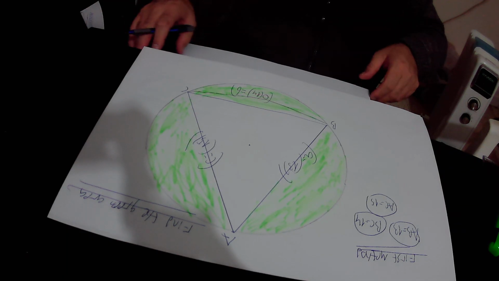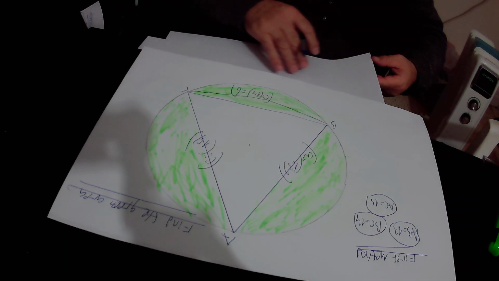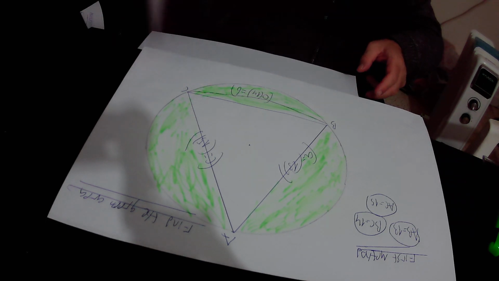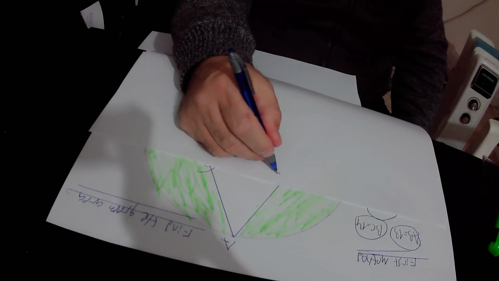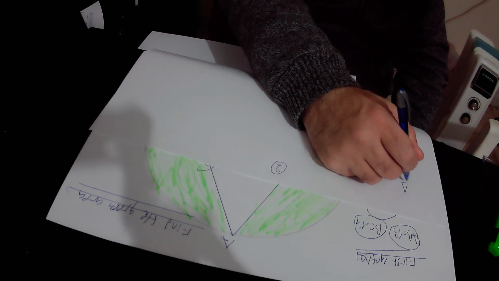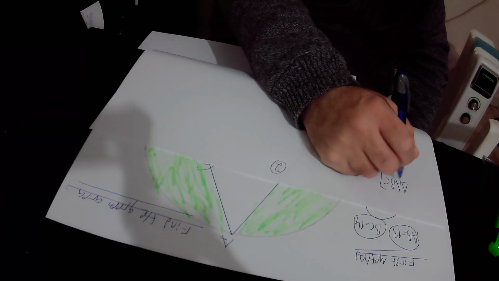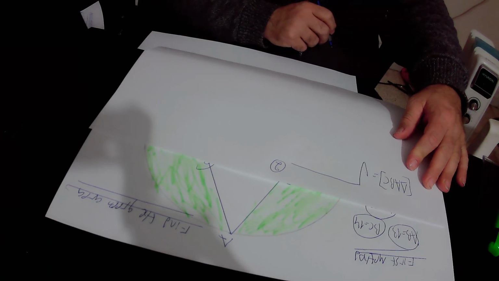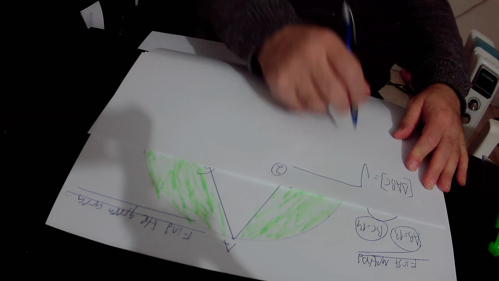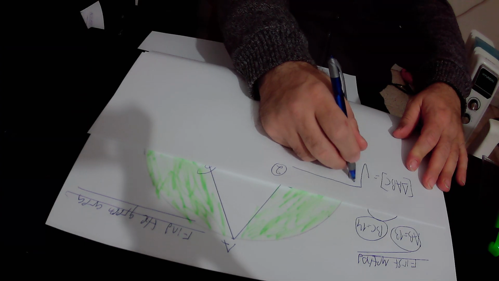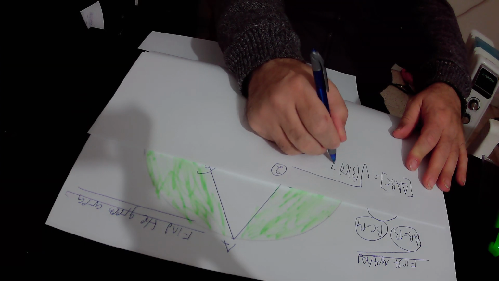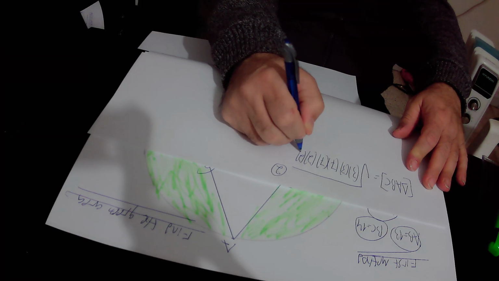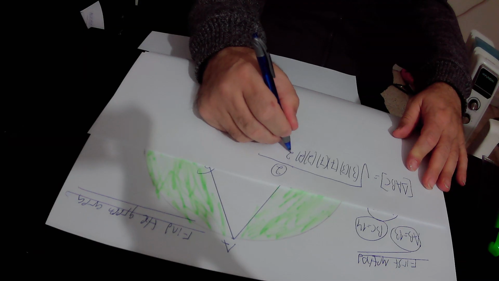And we get that the area of triangle ABC, according to rule number 4, equals the square root of 3 times 3, times the square root of 7 times 7, times the square root of 2 times 2, and again the square root of 2 times 2.